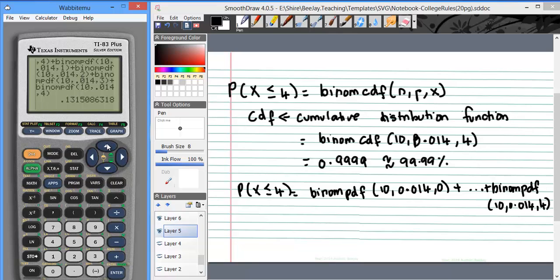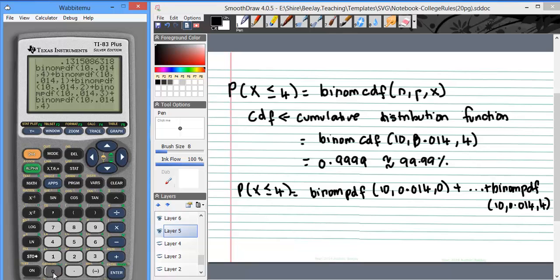Looks like I missed a term. I made a mistake in the very first term. Let's see. I'm going to redo this. If you observe, I started at 4 instead of a 0.